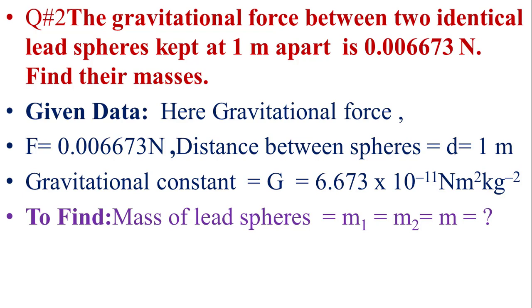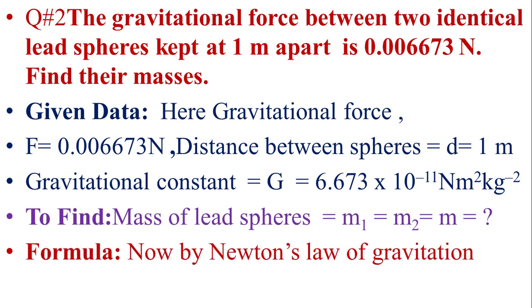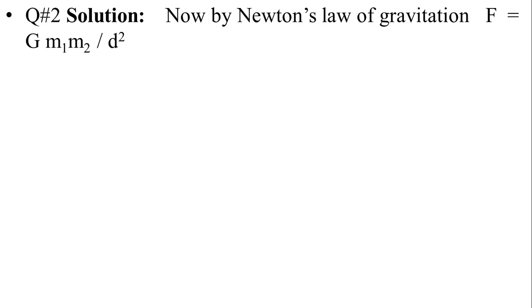Now we write the formula by the law of gravitation. According to the law of gravitation, F is equal to G m1 m2 upon d square. Here m1 is equal to m2, so in the solution by the law of gravitation, F is equal to G m1 m2 upon d square.